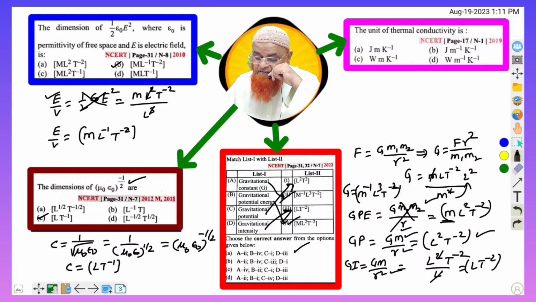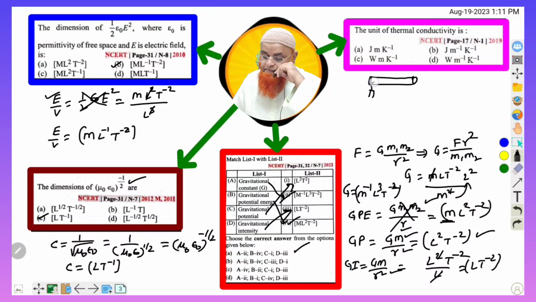Next, thermal conductivity. What is the meaning of the concept of thermal conductivity actually? If you take a rod here and heat it from below, here temperature is theta 1 and theta 2, length is L, area of cross section is A, and we are asked to find the dimension of the coefficient of thermal conductivity.